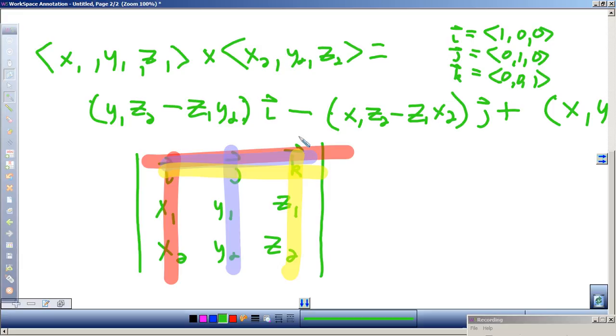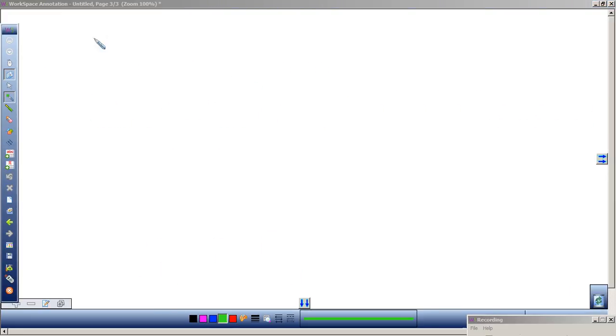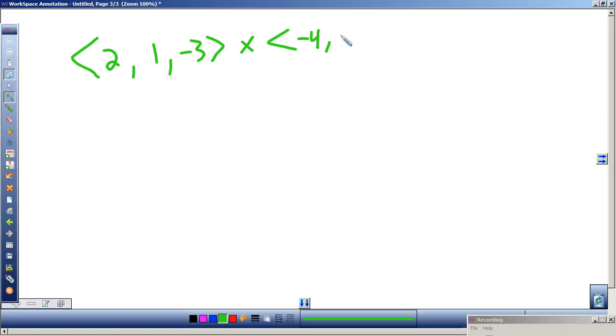We're going to do a couple of these. What was the alternate way of doing this problem? Anybody remember? So let's do a problem. We've got a couple of different ways of doing it. It's 2, 1, negative 3 crossed with negative 4, 2, 1.